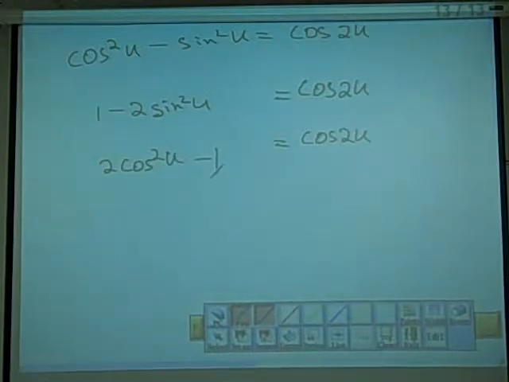So those are the three different identities for cosine 2u.